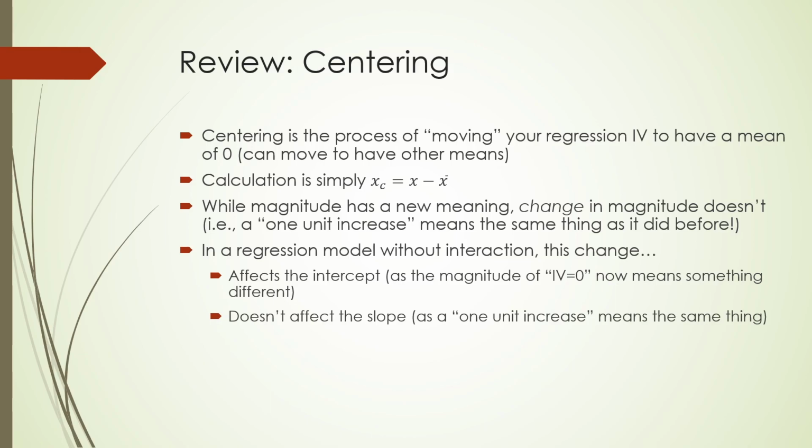But note that this doesn't affect the slope. The slope is as the variable increases by 1 unit, what happens to the outcome, and an increase in 1 unit with the original variable is the same thing as an increase in 1 unit in the centered variable. And again, this is an important thing, that we did change the magnitude, but we didn't affect the change in magnitude. That is, as you increase by 1, you are increasing by 1 on both the centered variable and the non-centered variable.